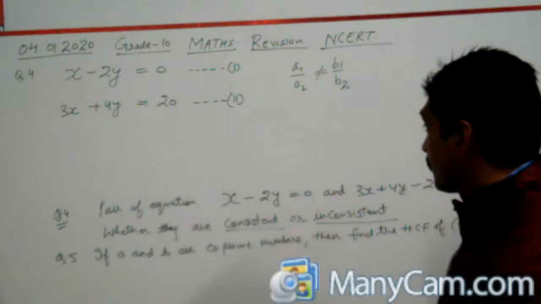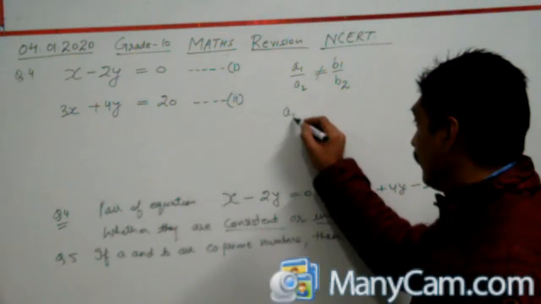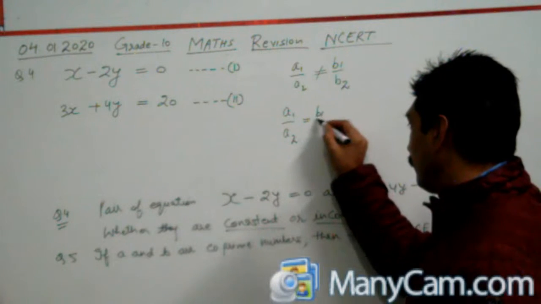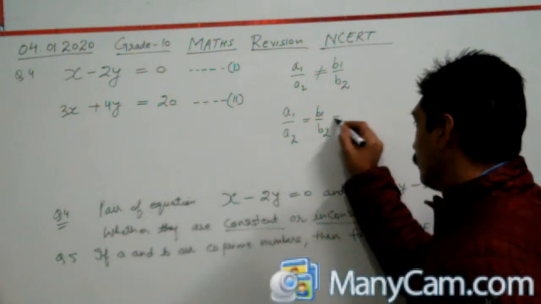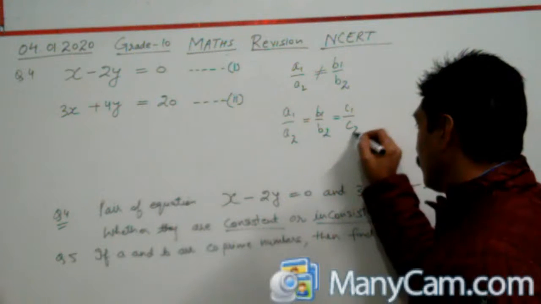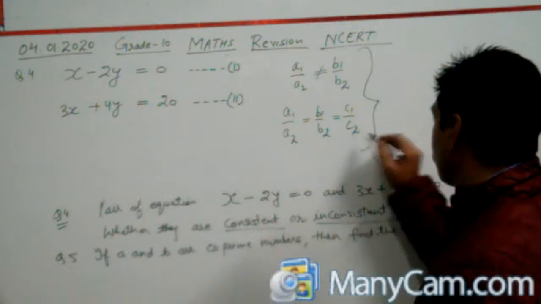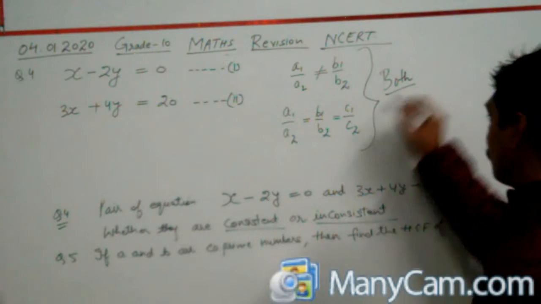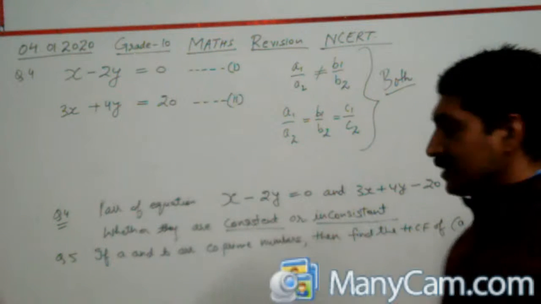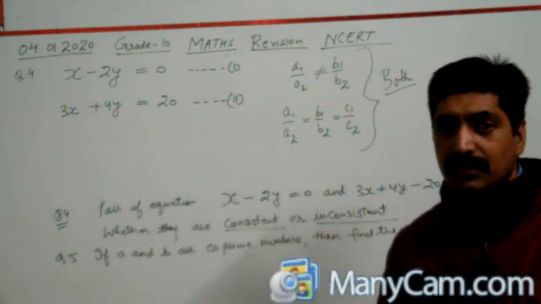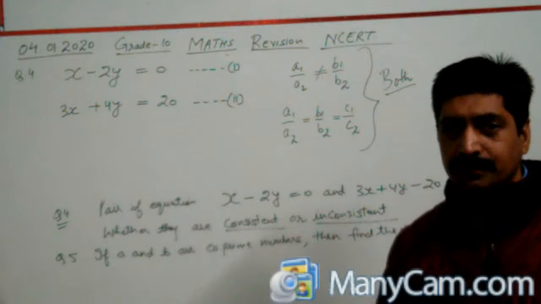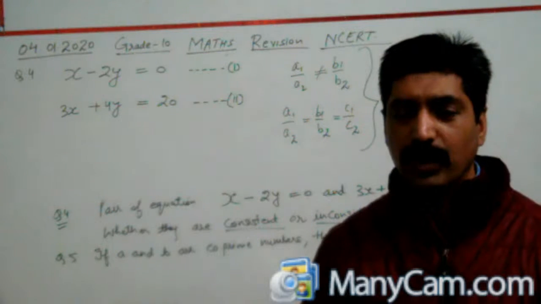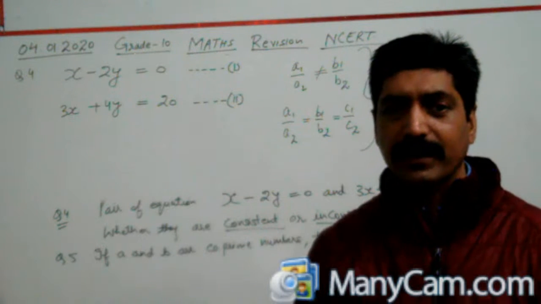Next, if a1 upon a2 is equal to b1 upon b2 is equal to c1 upon c2, in both these cases the solution is consistent. Consistent means when the equations have the solution, either one or infinitely many solutions.